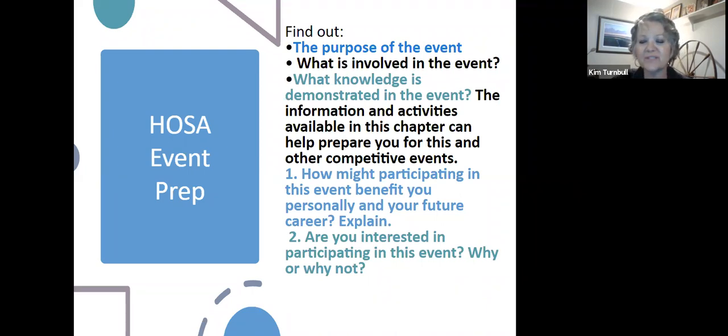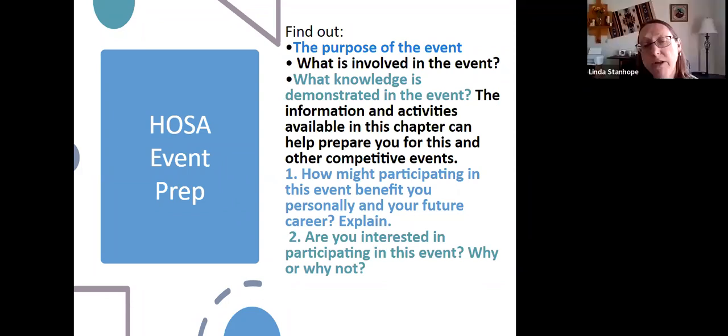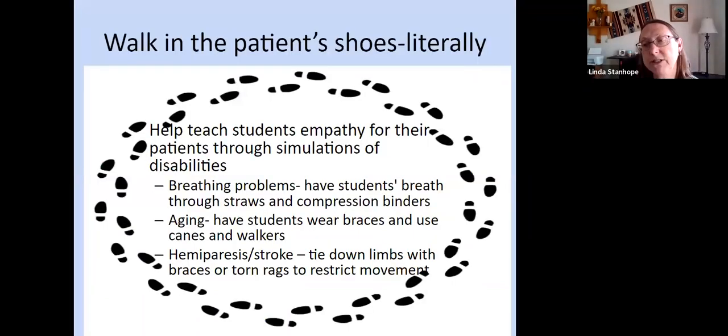So we highly suggest that you tap into that resource, because a lot of the rubrics are already built and you can just pull those in, and your activity is already sitting right there, and you can grade accordingly by that rubric that's already prepared. So it's a really nice tool to get them interested. And any one of the chapters you could use, like health career display, etc., or pull out those particular ones.